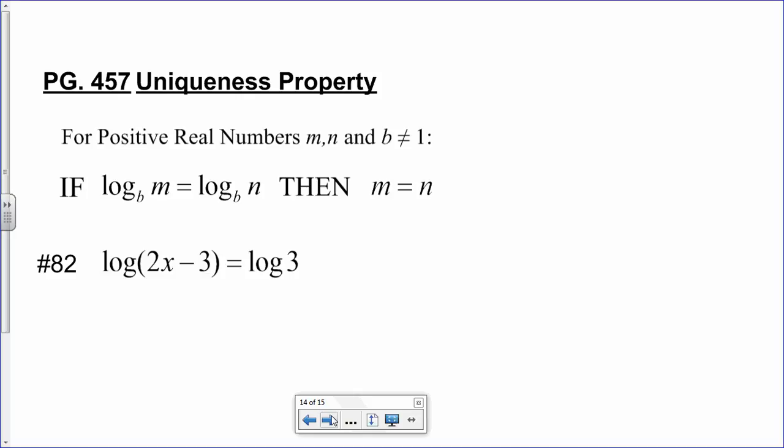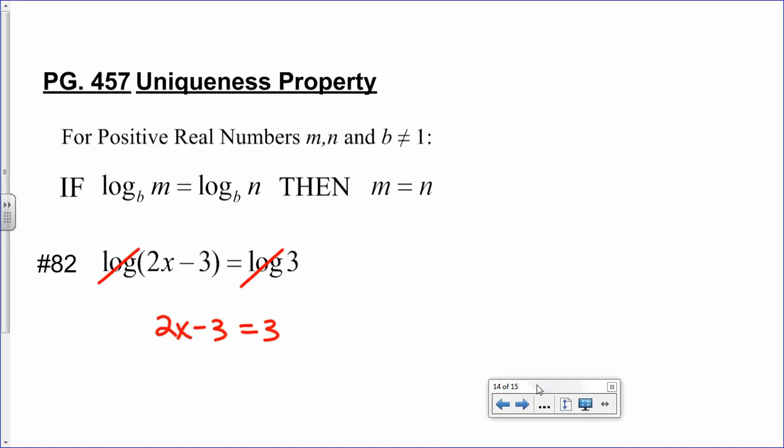Okay. If you have that, so these are both log base 10, log base 10, then what happens is you can drop out the log, and you just get 2x minus 3 equals 3. And that's it. So uniqueness property is easy to use if you have it available.